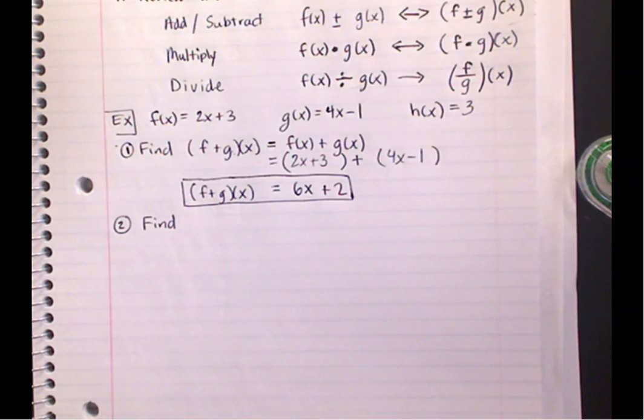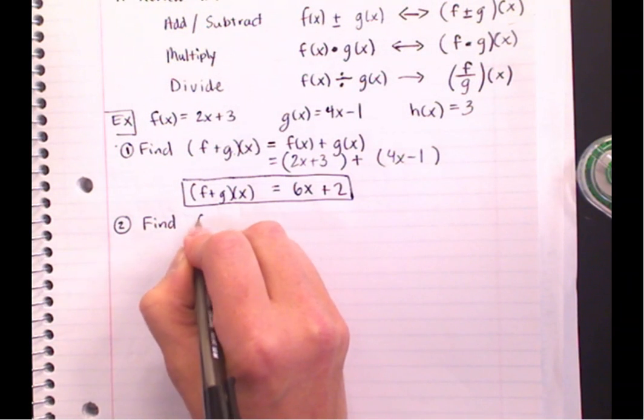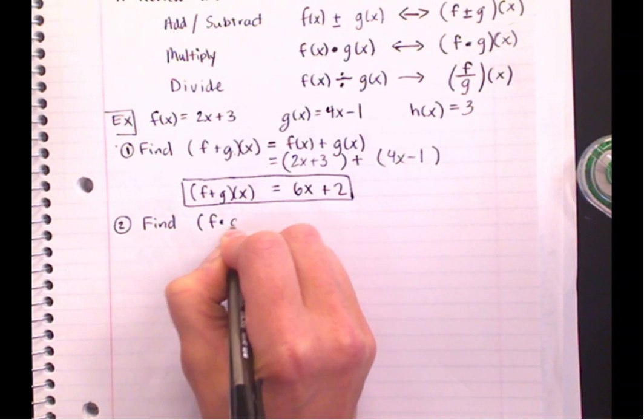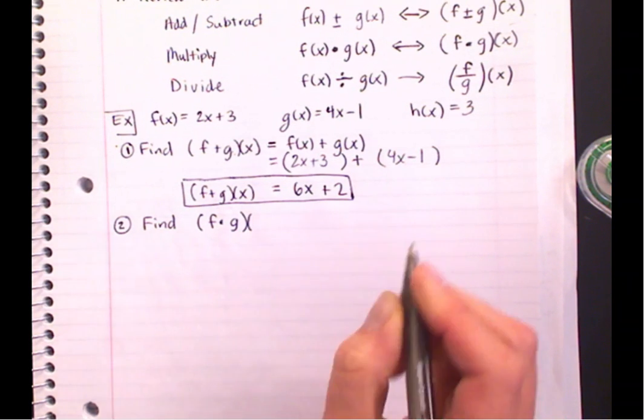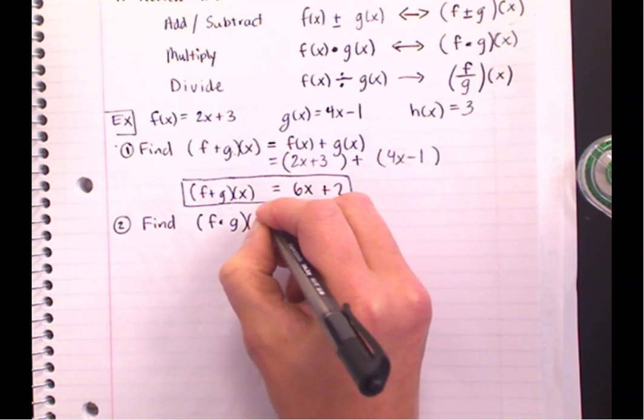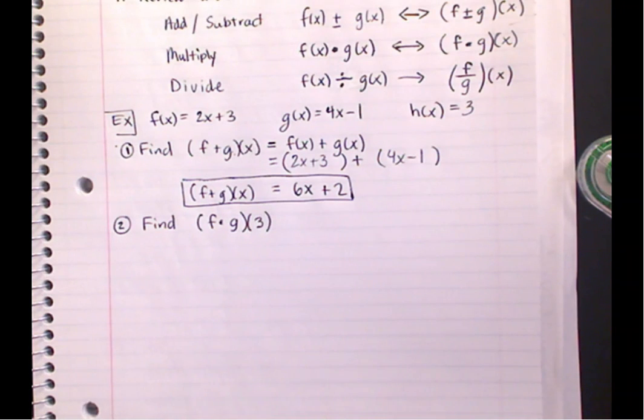Okay, find f times g of 3. So I put a number there. It's okay.